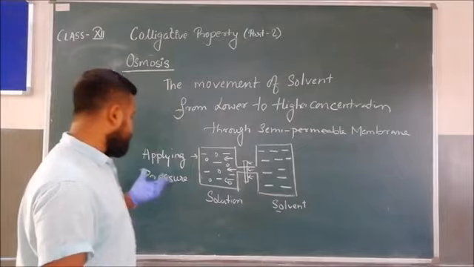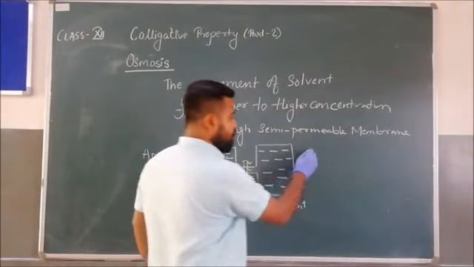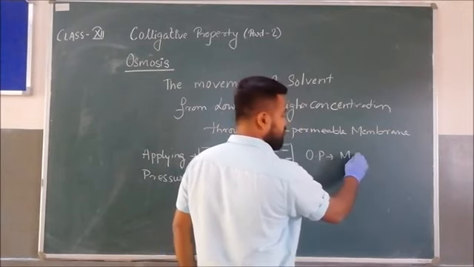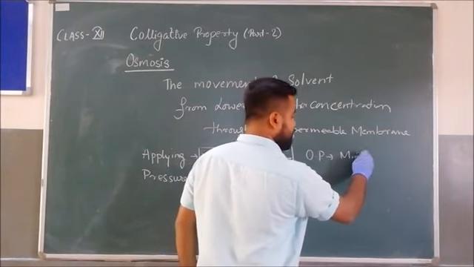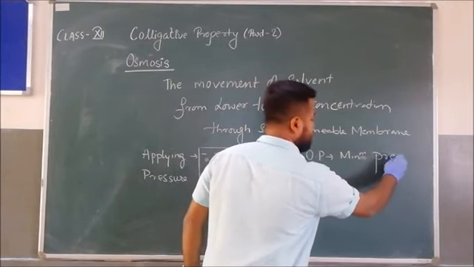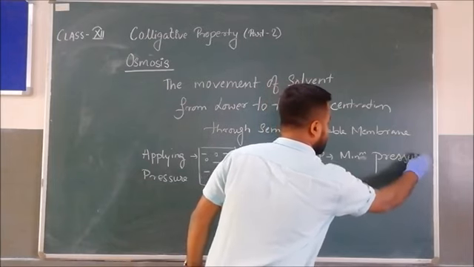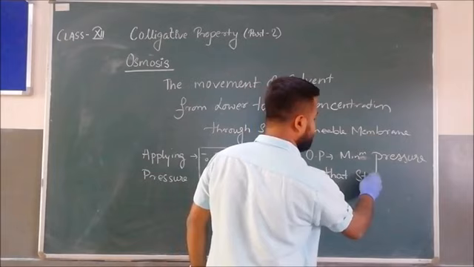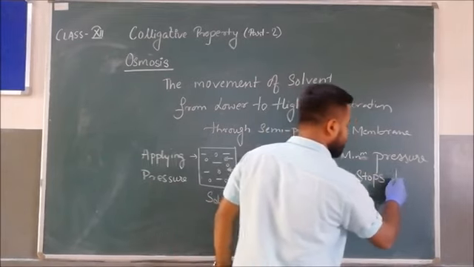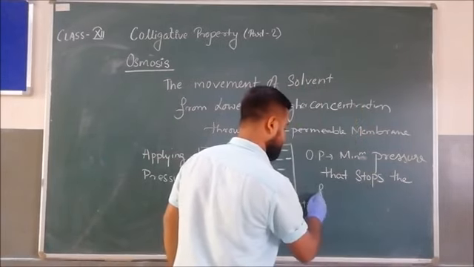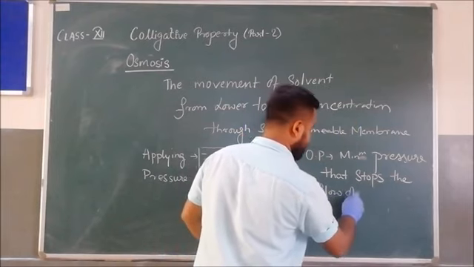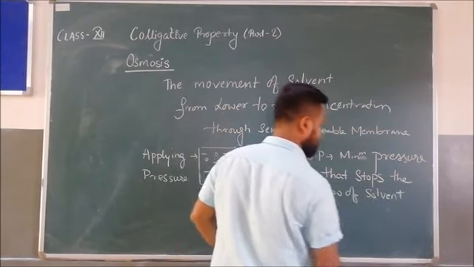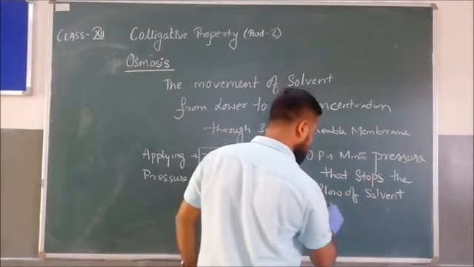Clear? So what is osmotic pressure? Osmotic pressure is the minimum pressure that stops the flow of solvent through osmosis.